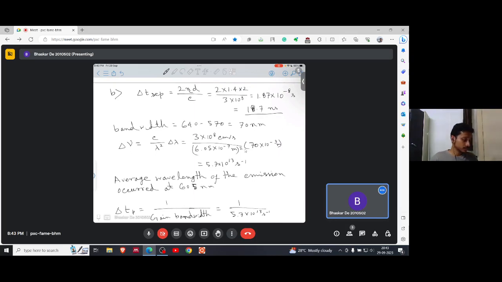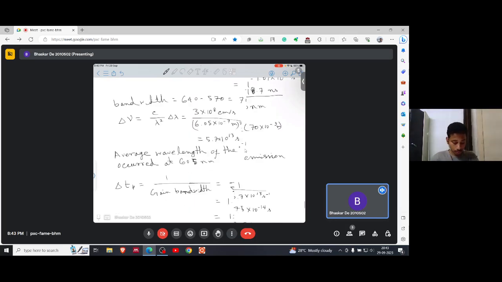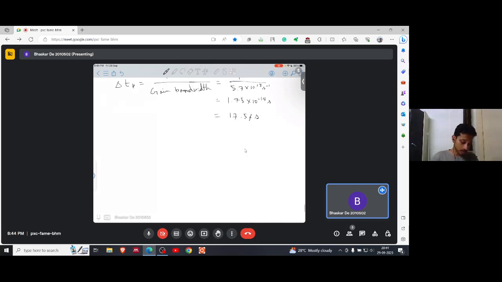nanosecond. So here in the mode locking we can also have the same procedure like the Q switching. In Q switching we have the electro-optic shutter, acousto-optic shutter, saturable absorber. The same thing we can have in the mode locking.